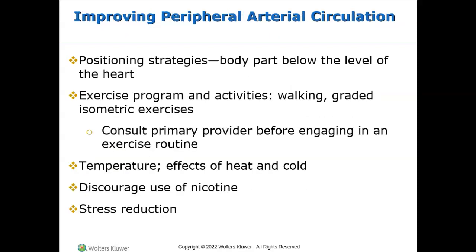The goals for peripheral artery disease are to manage the symptoms such as leg pain so exercise isn't uncomfortable, and to improve artery health to reduce the risk of heart attack and stroke. Treatments for peripheral artery disease include lifestyle changes and sometimes medication.